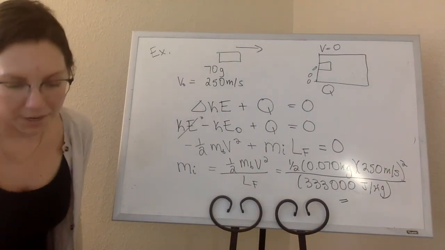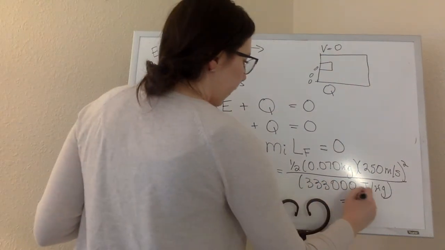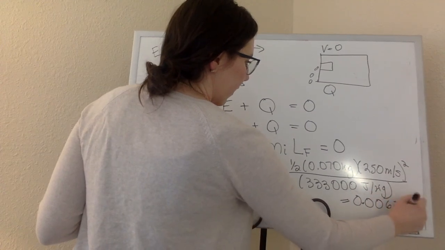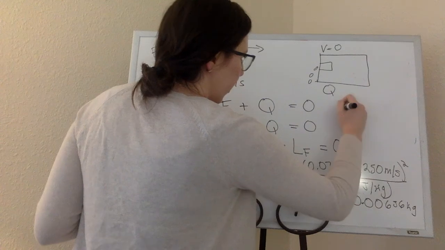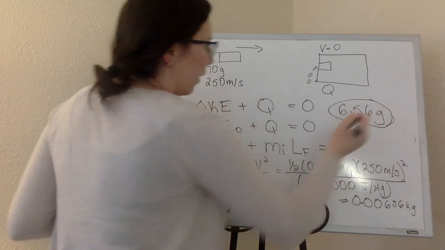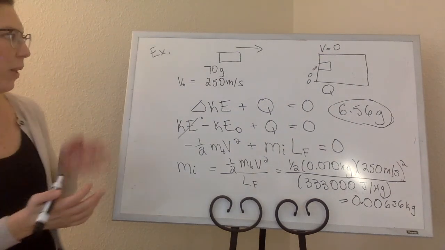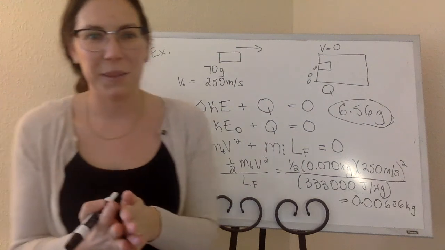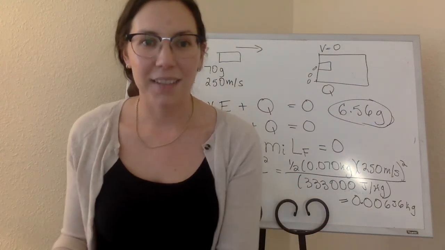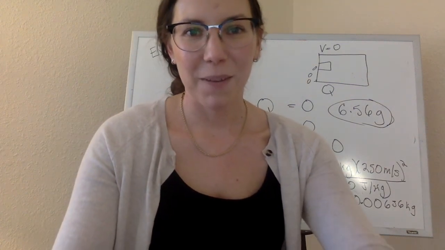Okay, and that final mass is 0.00656 kilograms, which is, I'll just put it here, 6.56 grams for that final result of the amount of ice that melts. It's not very much, and the bullet was moving at 250 meters per second. So it's a good example of how it takes a lot of energy to melt ice. But okay, that's all for this section. You can email me if you have any questions.